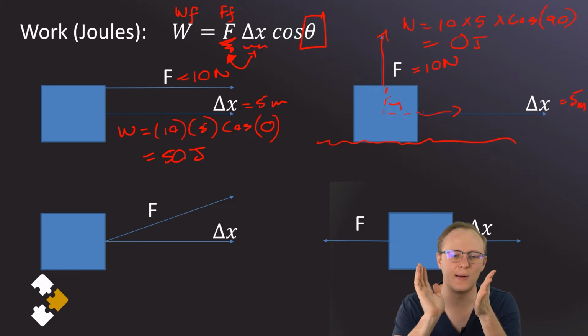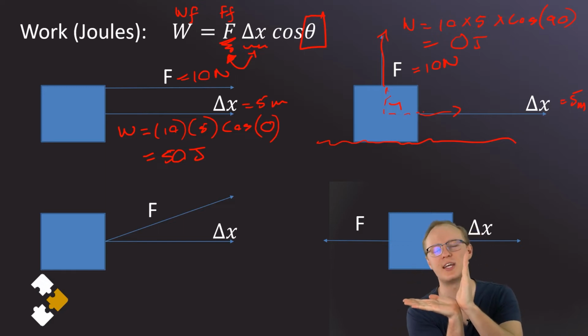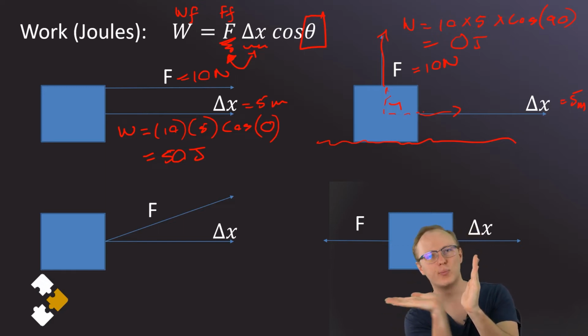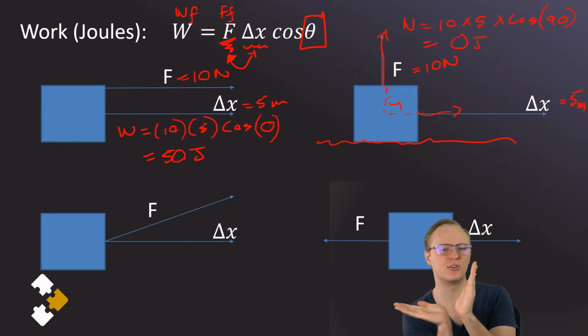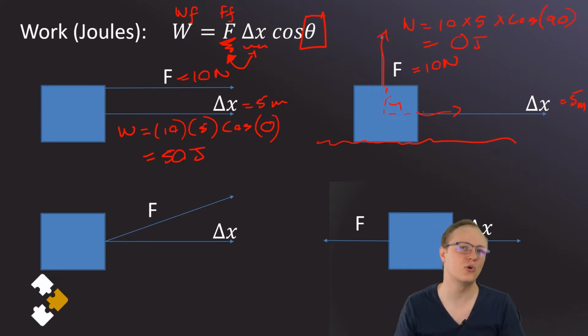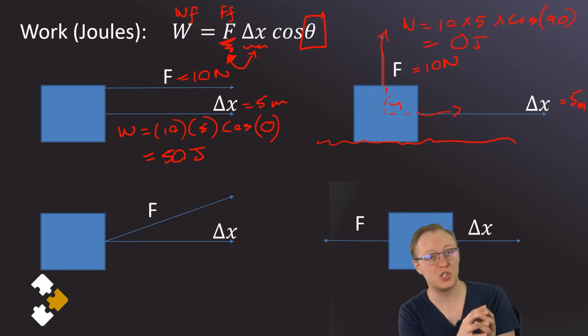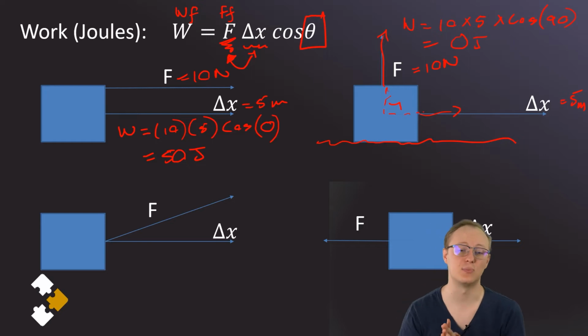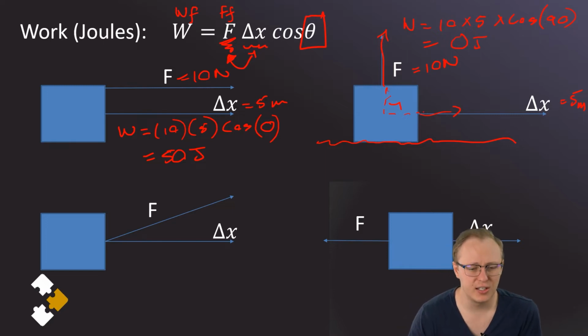Now, this force at this 90-degree angle is definitely not helping it going that way, so it's not doing any positive work. But it's also not hindering it. And so if it neither helps nor hinders the object in actually covering that displacement, then it's not going to be doing any work.